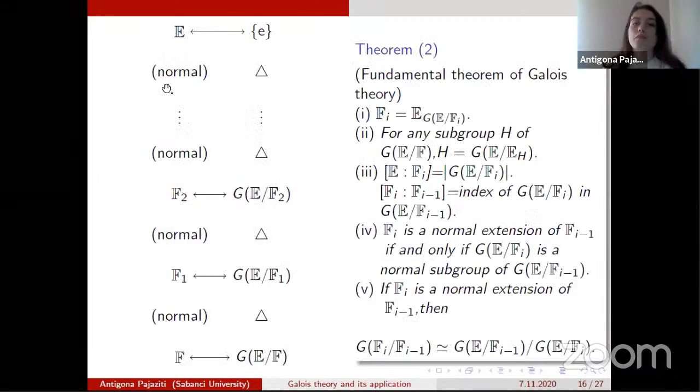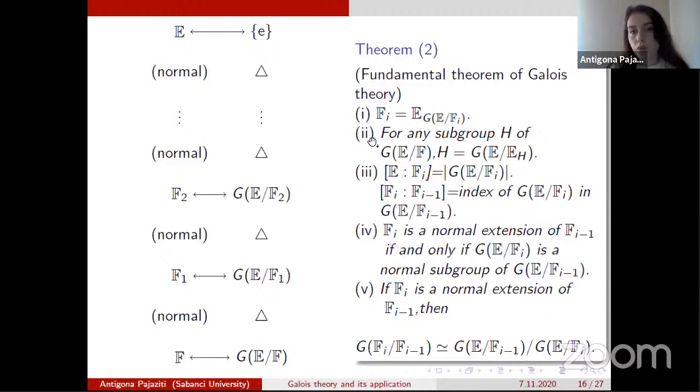The really important theorem is the fundamental theorem of Galois theory. Using this theorem, we can see a one-to-one correspondence between field theory and group theory. Say E is an extension of F, and all of the other F_1, F_2, and so on are extensions of F and subfields of E. This theorem sets a one-to-one correspondence between these subfields of E and their corresponding Galois groups by satisfying these 5 properties that are here.